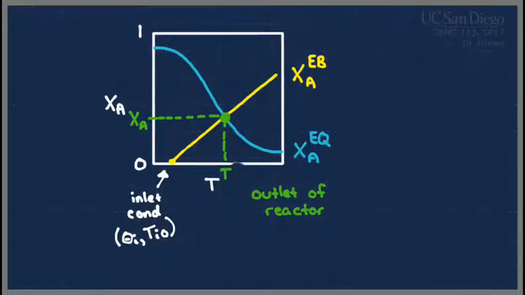Let's say that that XA is not high enough. What can we do in order to increase the overall conversion? We can come up with more reactors. Another option that we can do is called interstage cooling or interstage heating. And that's where this particular diagram becomes helpful. So I'm going to come back to this diagram, but I need to define interstage heating and cooling first. So hold on to that. We're going to come back to it.